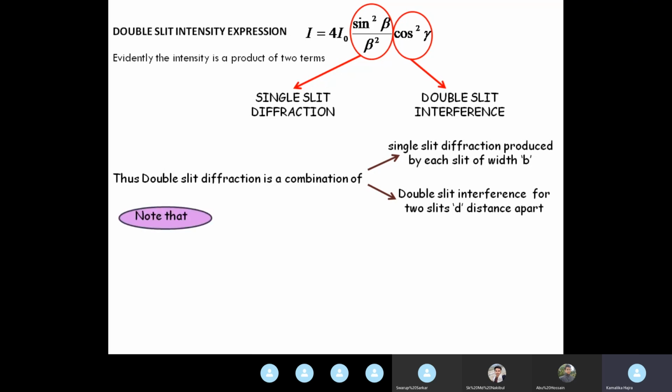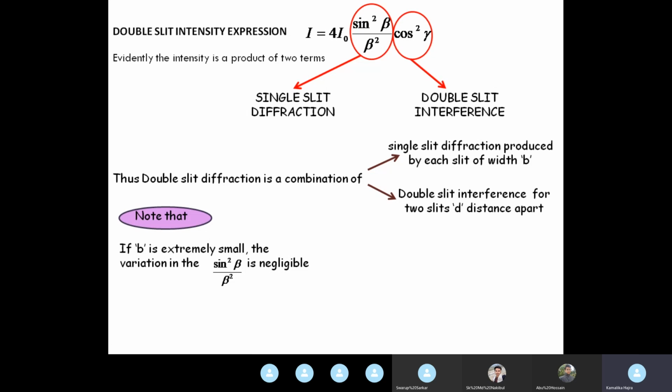Okay. So we have to note here that when the value of b is extremely small, since beta is equal to pi b by lambda sine theta. All right.